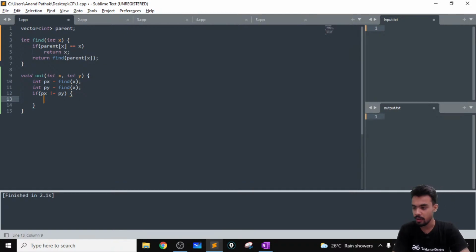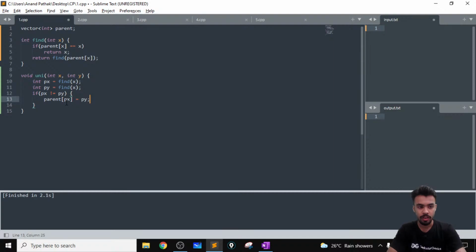Because if px is already equal to py, that means they already belong to the same group, so at that time we don't have to connect them, because they are already connected. And if that is not the case, then we'll make the parent of px equal to py. And yes, this is done. We just have to do this.